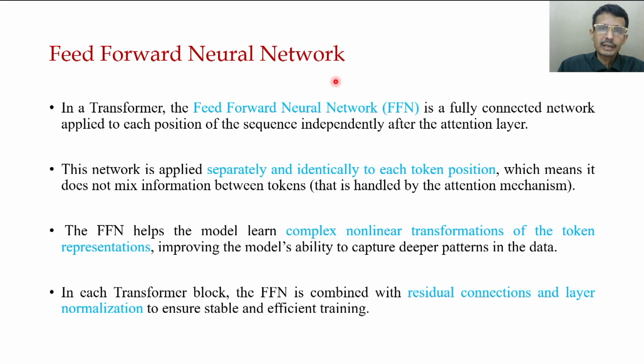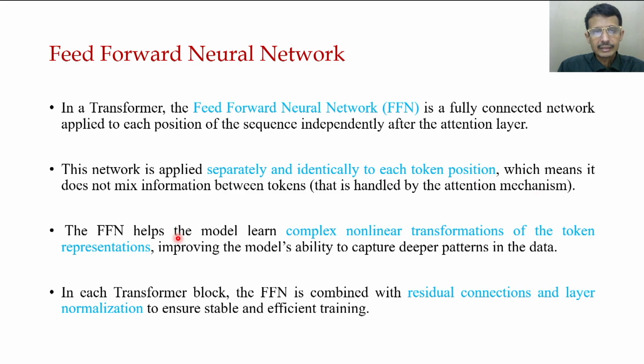Finally, there is the feed-forward neural network. This feed-forward network is something like an MLP, a multi-layer perceptron, a fully connected network applied to each position in the sequence independently. This network is applied separately and identically to each token position, which means it doesn't mix information between tokens. That is handled by the attention.